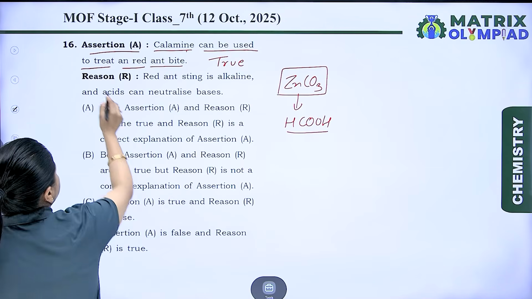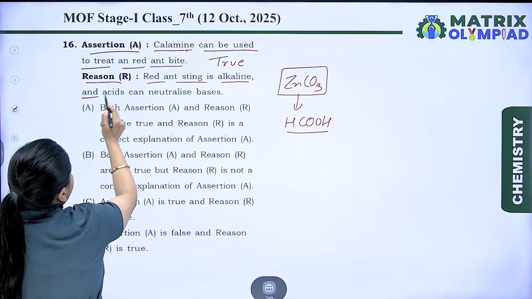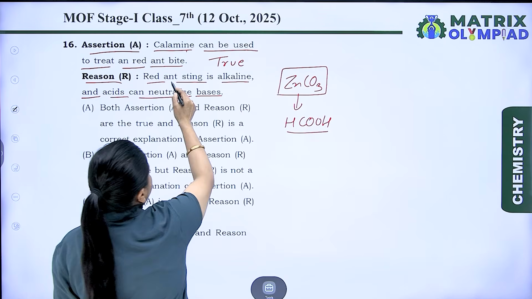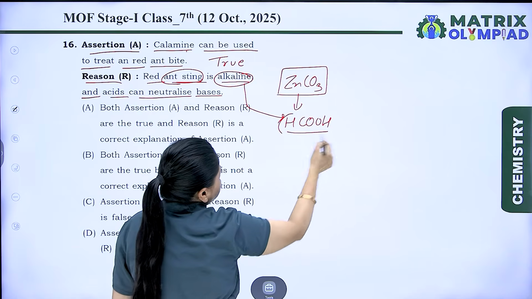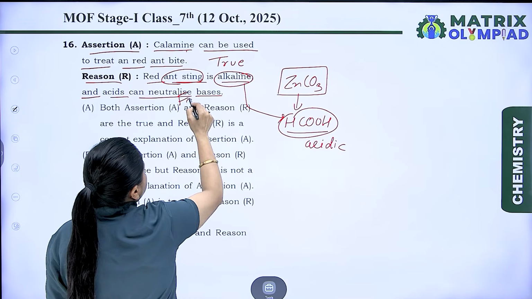So take the reason. Red ant sting is alkaline and acids can neutralize bases. No, the red ant sting is not alkaline but acidic, and this is a false statement.